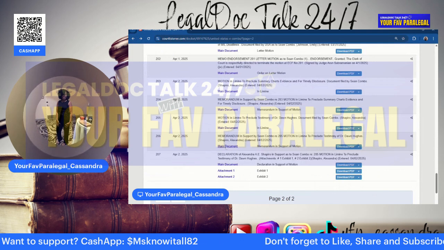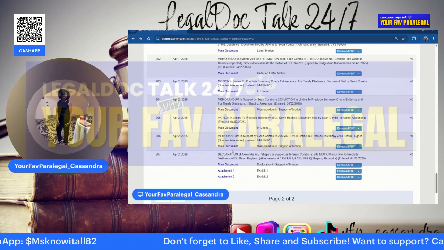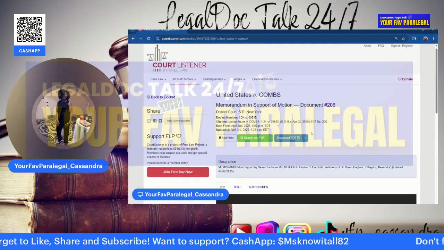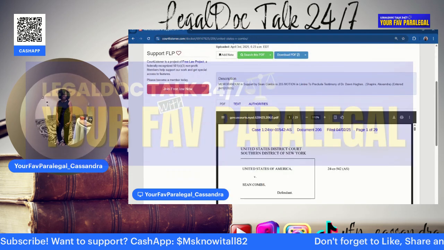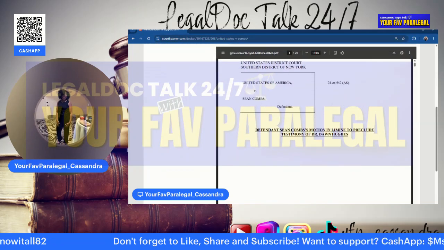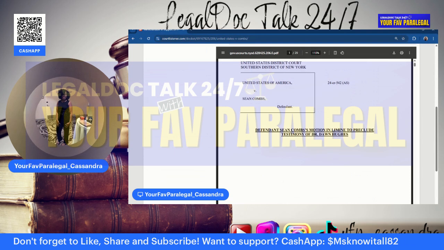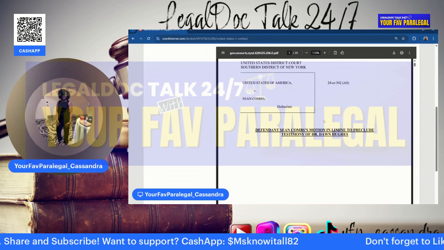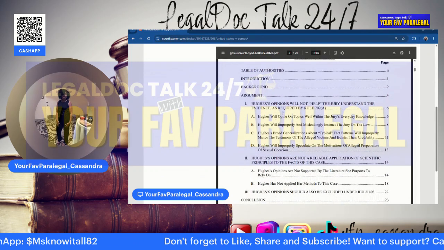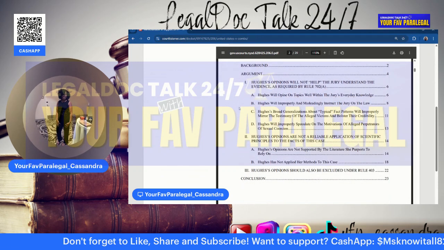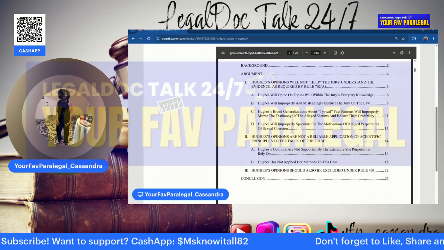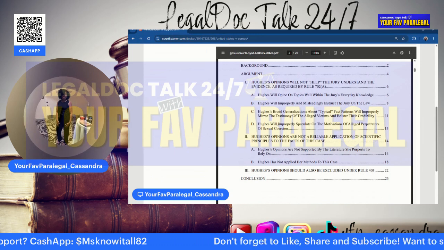Now, I'm going to read the memorandum that was prepared by the defense counsel as to why they want to discredit Miss Dawn Hughes and why they are trying to get the court to reject her testimony at trial. So their argument is that one, Hughes' opinion will not help the jury understand the evidence as required by Rule 702(a).